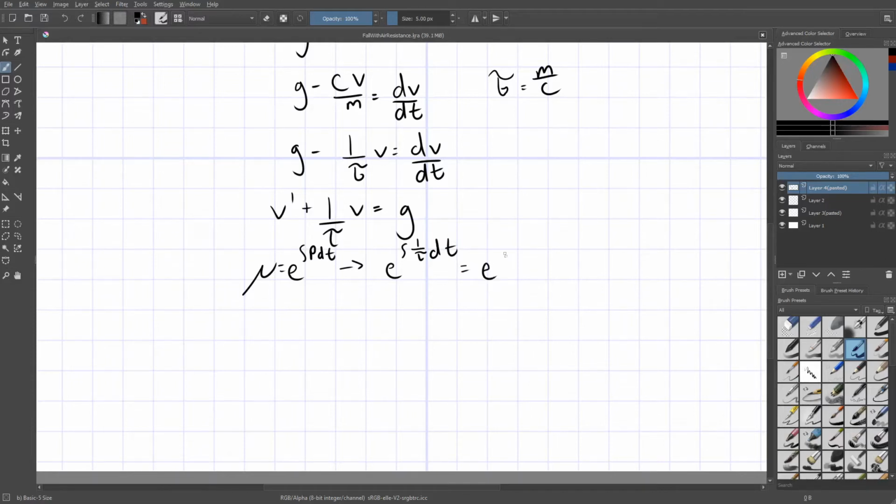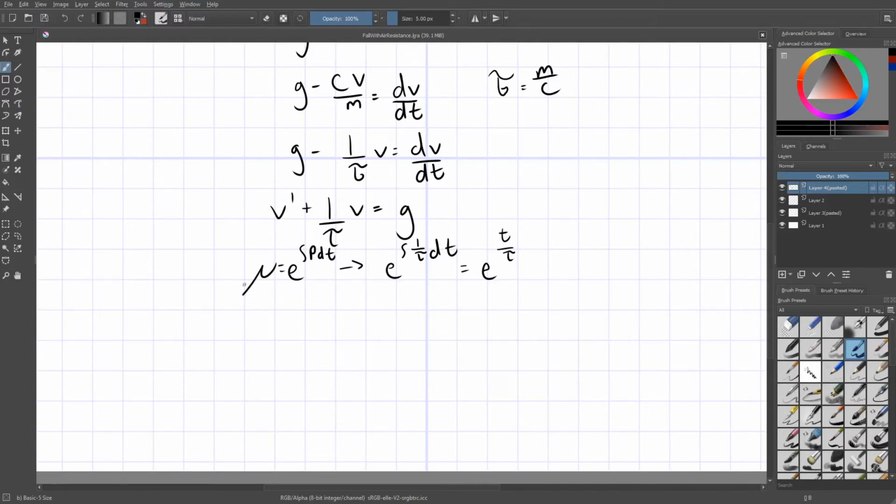It's going to be e to the 1 over tau t, which I'm just going to rewrite as t over tau. Okay, once we have our integrating factor, we multiply the entire differential equation by it.